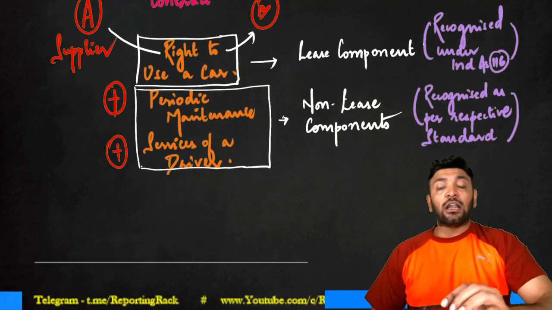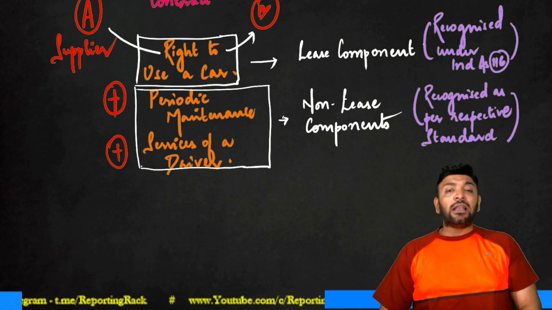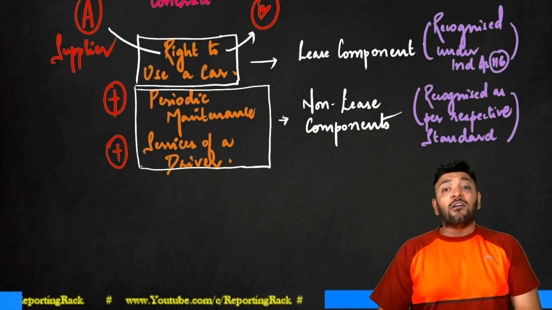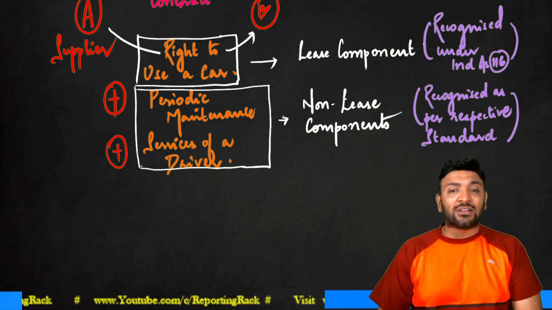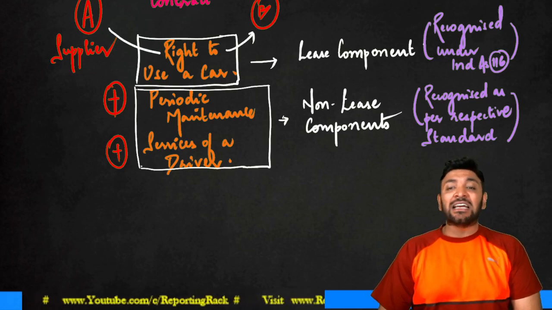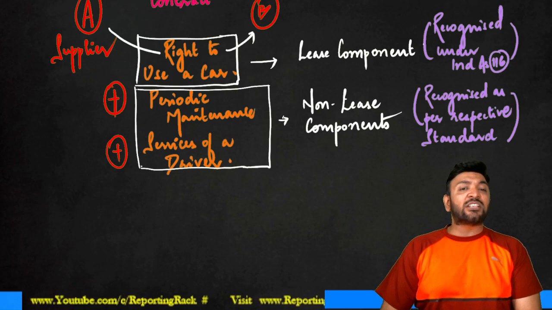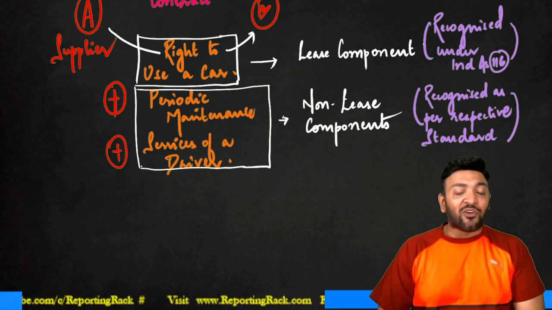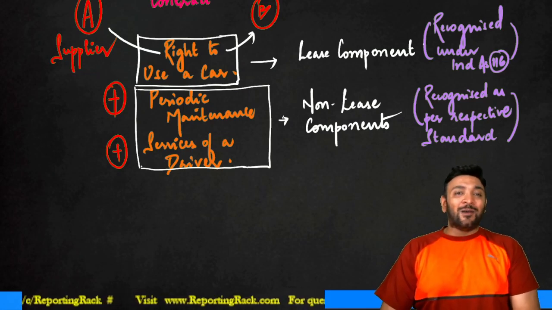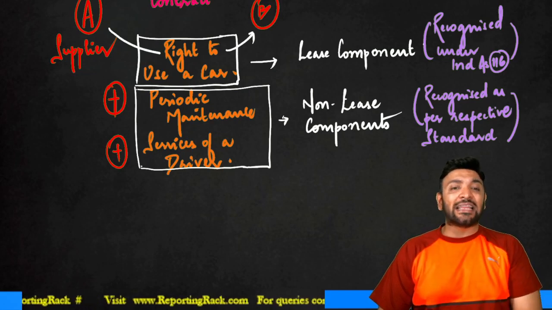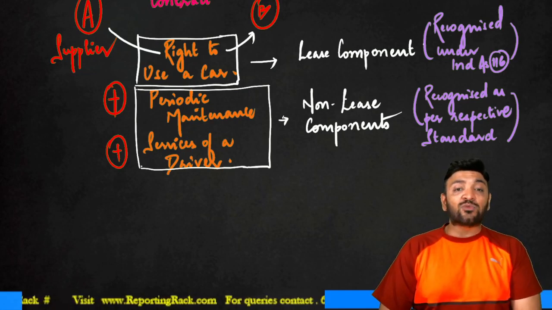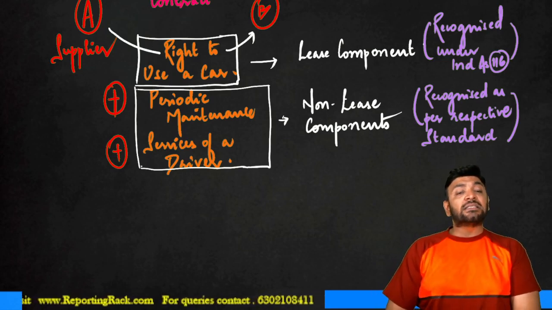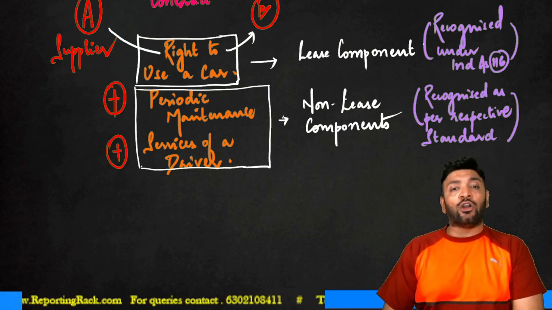IND AS 116 should not apply to it. So when the contract contains a lease and a non-lease component, it is important to separate them. Very good. First of all, how do I separate? Because the consideration is one single amount. When the consideration is one single solid amount paid periodically, how should I separate it between the lease component and non-lease component?